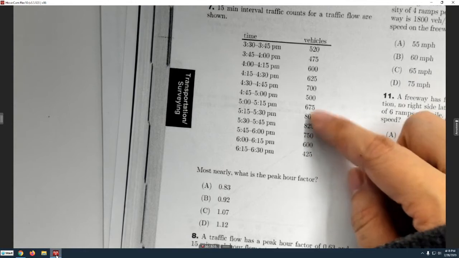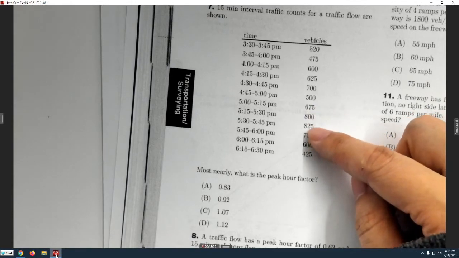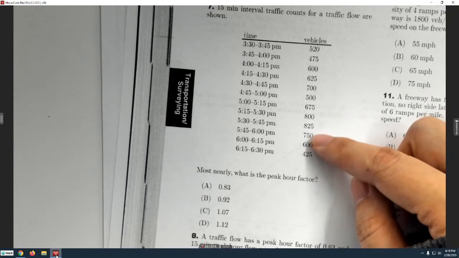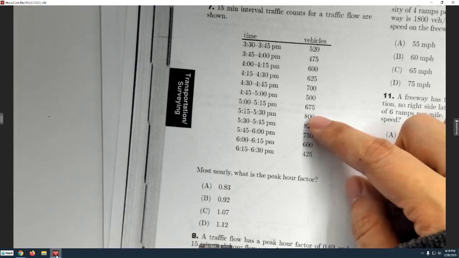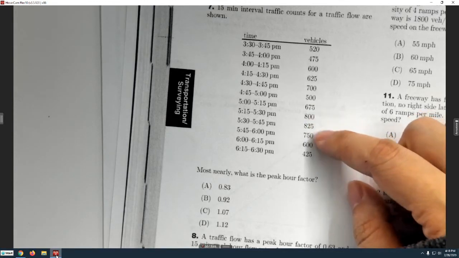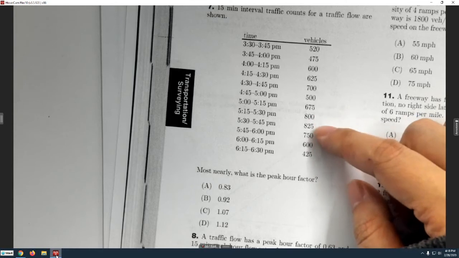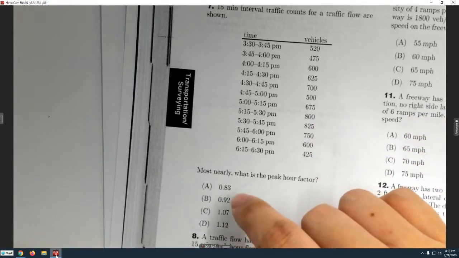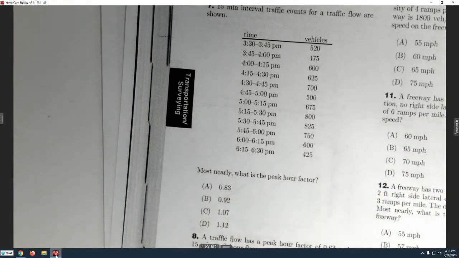The volume from 675 to 825 is very close. When you see numbers this close, it's usually around 0.9. Only when you see some very low values in the neighboring intervals are you going to get a peak hour factor as low as 0.8.